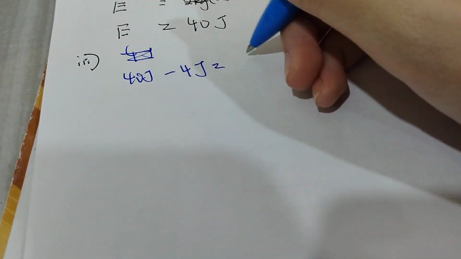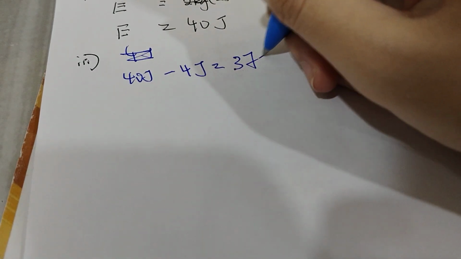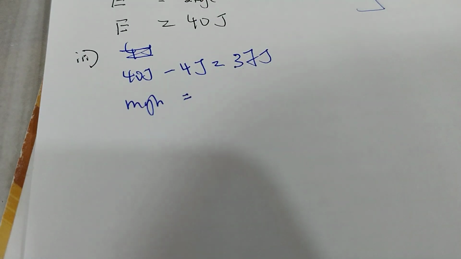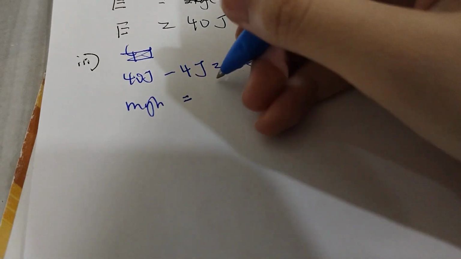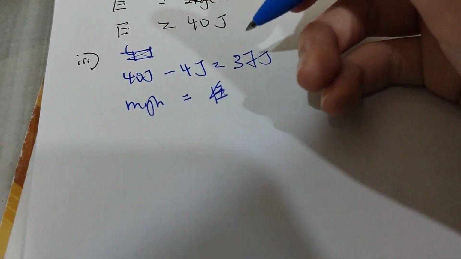Alright. If the work done against friction is 4 joules, what is the speed of the trolley when it reaches the ground? Find out the total energy first. So you take 40 joules minus the 4 joules, you should get 36 joules. Gravitational potential energy is equivalent to E, and we know that E has another formula.